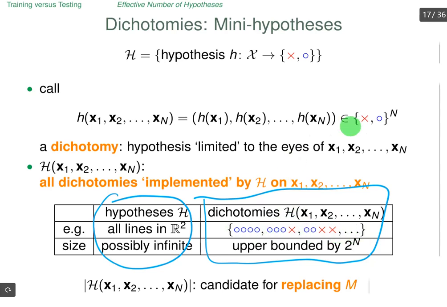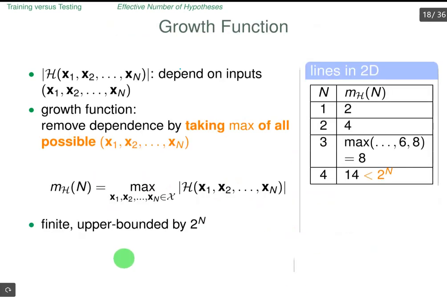All right? So now we can call these dichotomies a possible candidate for replacing our m in the Hoeffding inequality. So let me now introduce the so-called growth function. While dichotomies and the effective number of hypotheses depend on the inputs, the growth function removes the dependency by taking the maximum over all possible labelings.